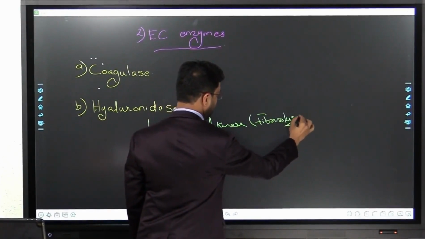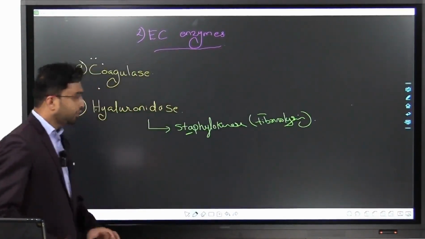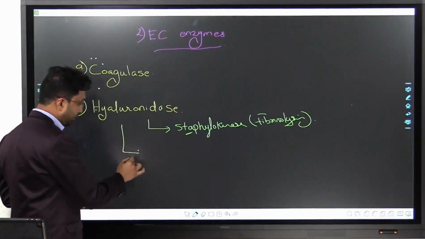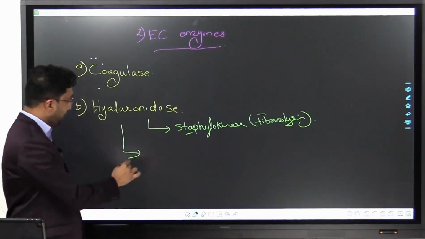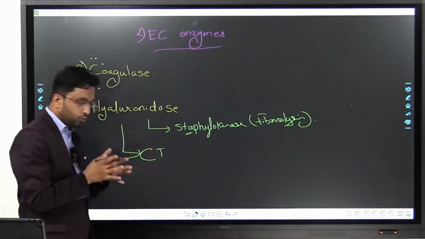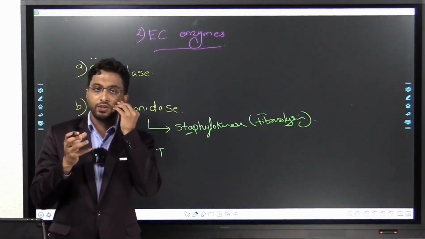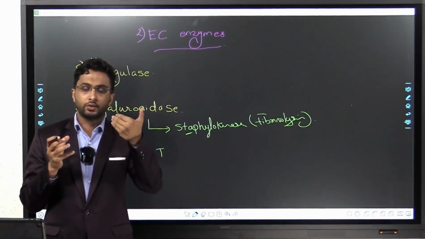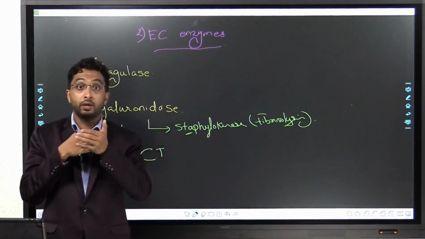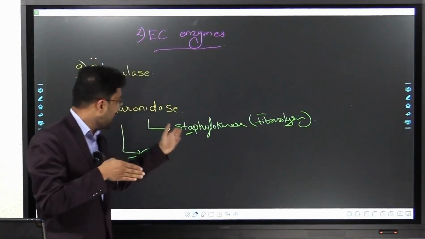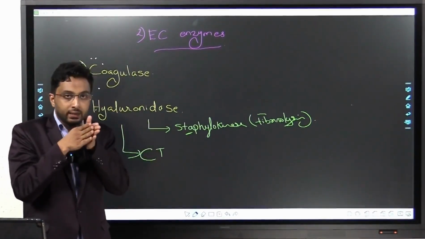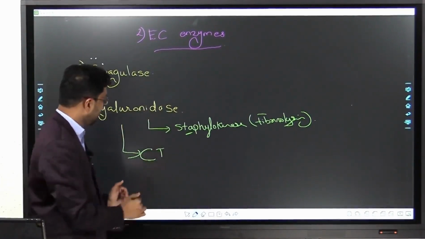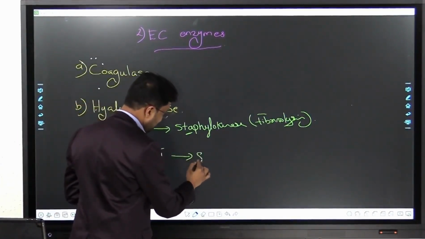What is its role? It's very important to know that hyaluronidase breaks down connective tissue. If you take your cheek, there is connective tissue, which is a big hindrance for the spread of bacteria. So hyaluronidase can break the connective tissue septa, go through it and spread. So this is important in the spread of infection.